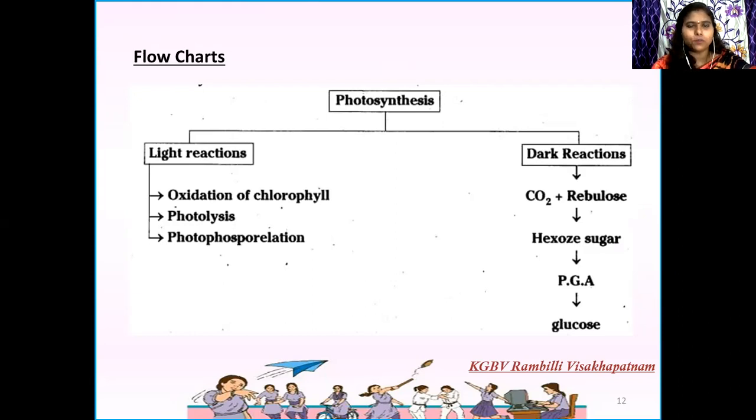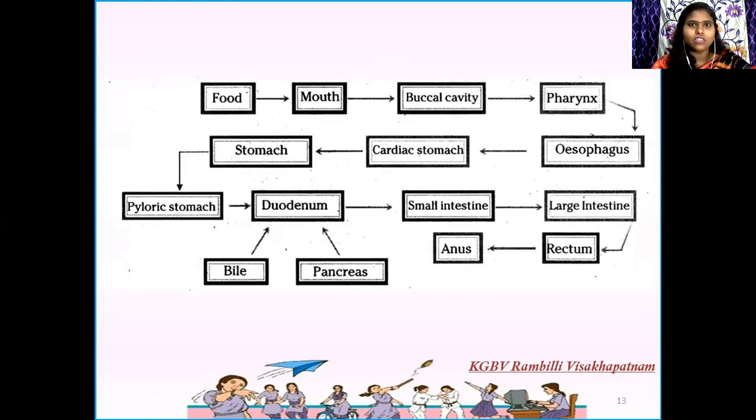this one is one of the important flowcharts. After that, if we discuss digestion, what is the flowchart of the passage of food in our body? Here we take food, it goes to the mouth, then buccal cavity, then enters the pharynx, after that esophagus, cardiac stomach and pyloric stomach, and duodenum.